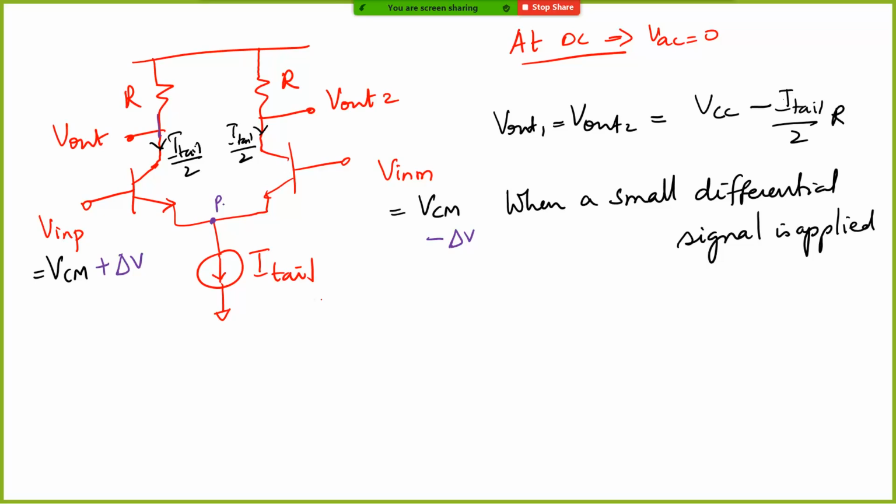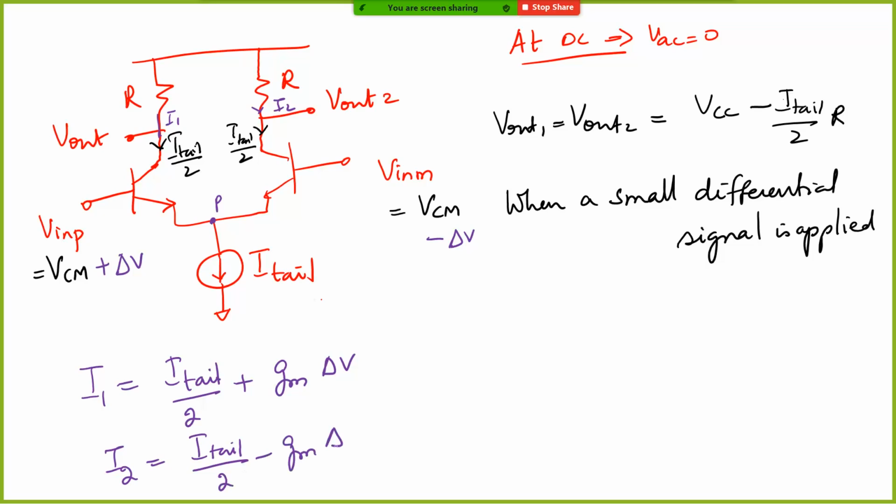So what happens to the current through the left arm? Let's say this is I1. I1 can be written as I tail by 2 plus GM times delta V. And I2 can be written as I tail by 2 minus GM times delta V. So the sum of the two currents remains the same, I tail.